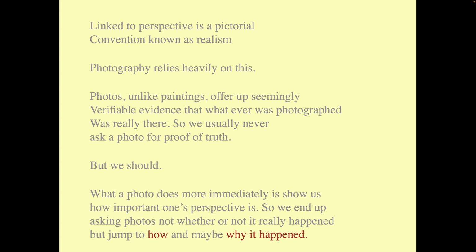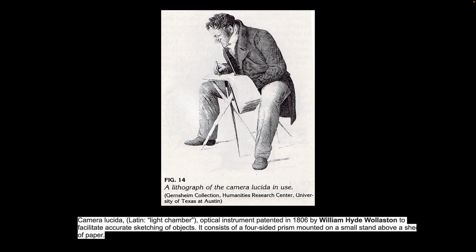What a photo does more immediately is show us how important one's perspective is. Somebody was holding the camera at a certain height, and pointed it with a choice to point it as they did. They also chose to delete things, to crop things out. And we don't really wonder that when it comes to photography, right?